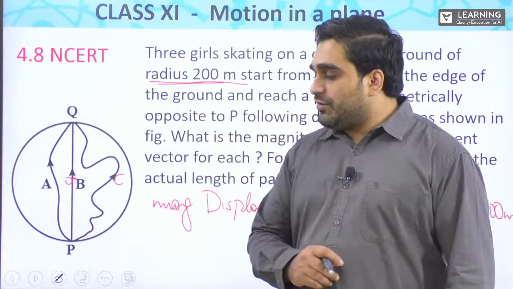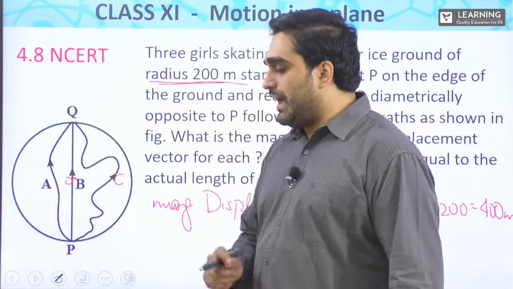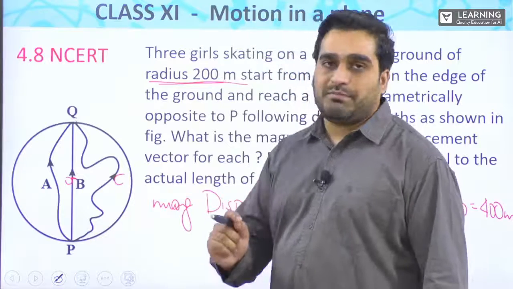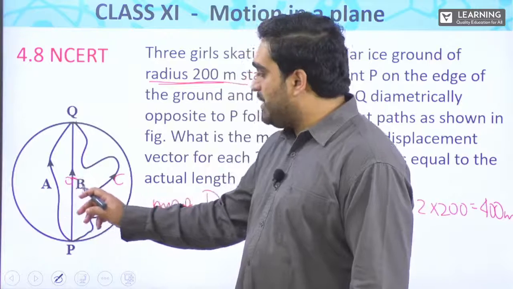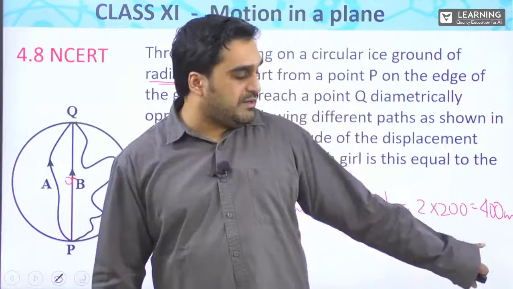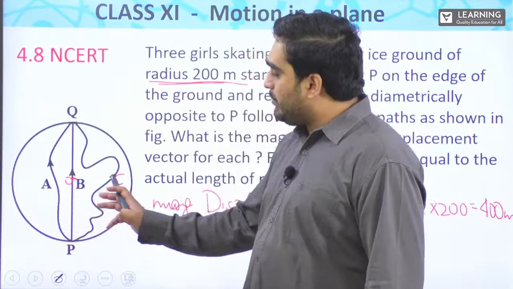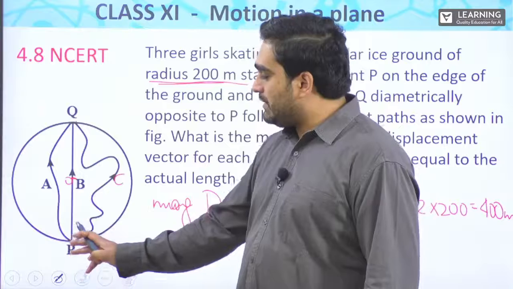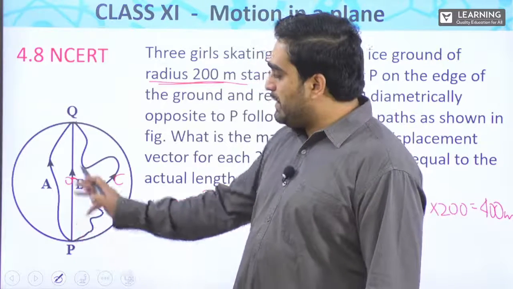The next part of the question says, for which girl is this equal to the actual length of the path skated? Among the three, A, B and C, this 400 meters what we have determined, for which path can you say that it is 400 meters? It is for the path B.